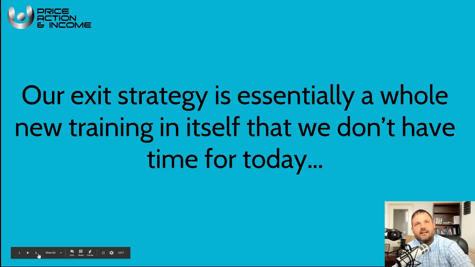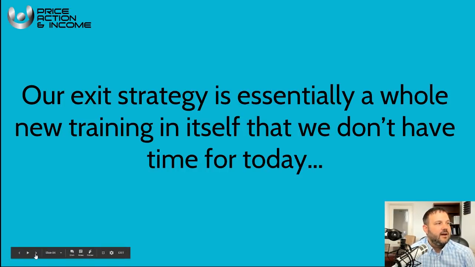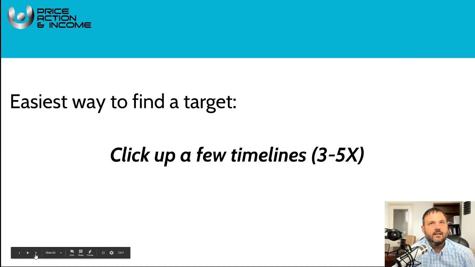Our exit strategy is essentially a whole new training in itself that we really don't have time for today. It's really intense and it covers a great deal of the actual course. And we may break into it in another free webinar in the future, or if you're interested in the course, we'll show you how to get to that as well.